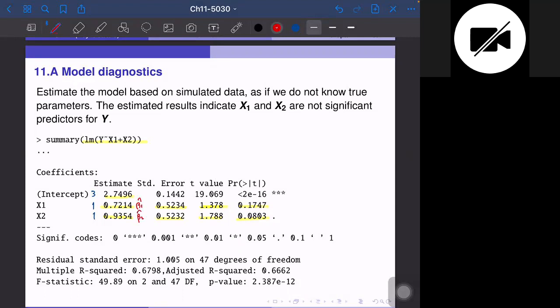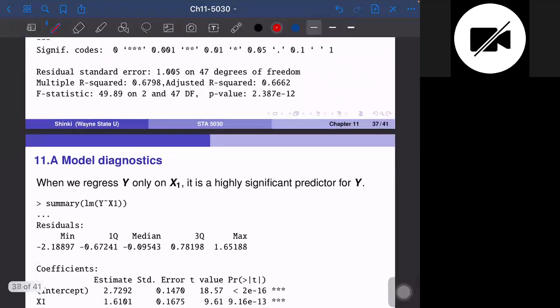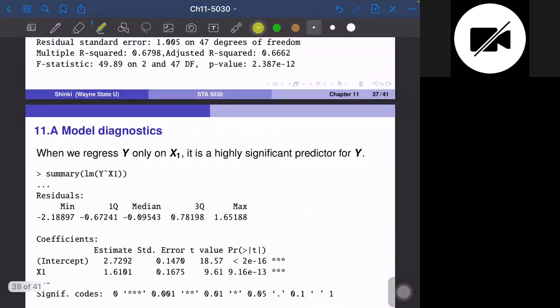So how do we deal with it? Maybe one solution is to fit y on x1 only. Then we only have one predictor and no similar predictors, so we don't have any trouble. The coefficient of x1 is estimated as 1.61, which is almost the sum of the two coefficients in the previous slide.